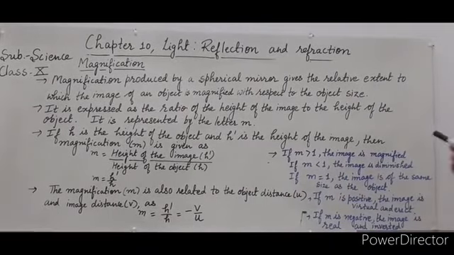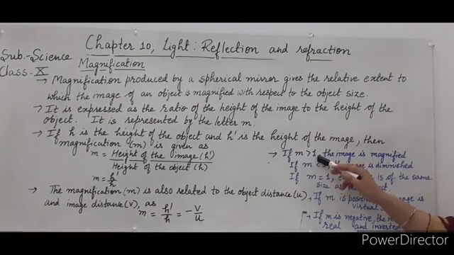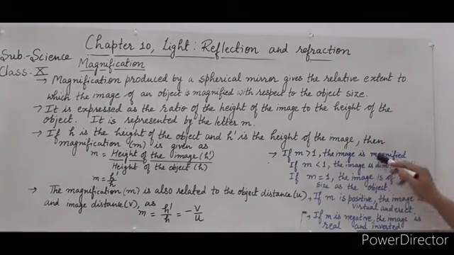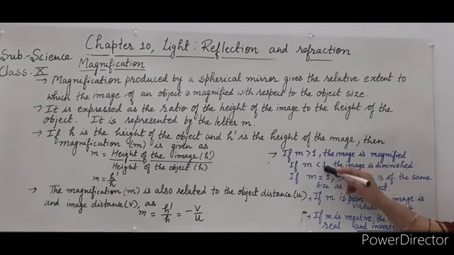magnification are: if m is greater than 1, then the image is magnified. If m is less than 1, then the image is diminished, very small.